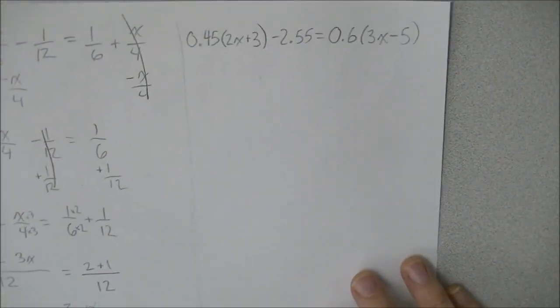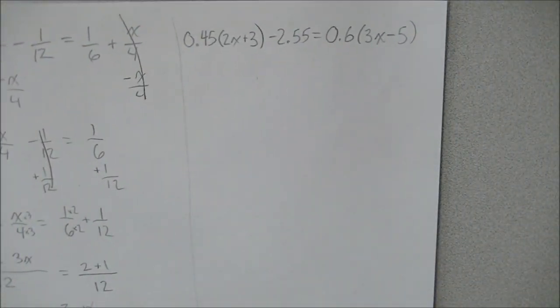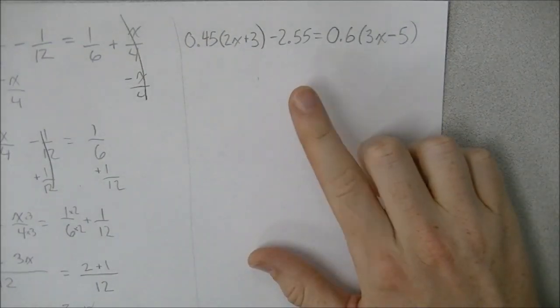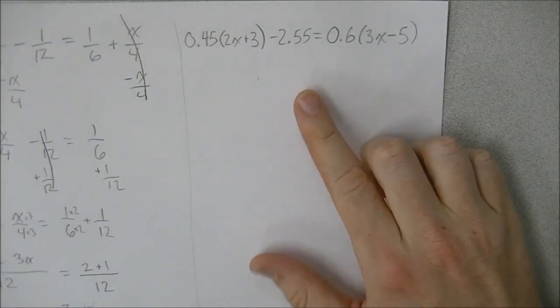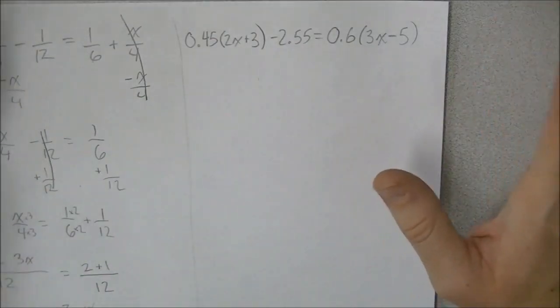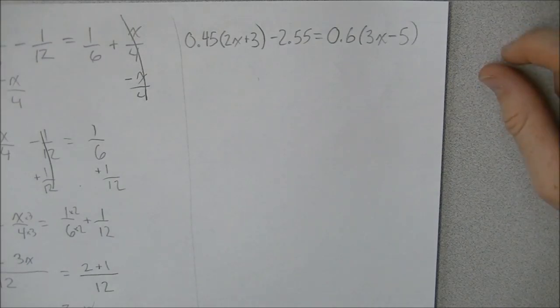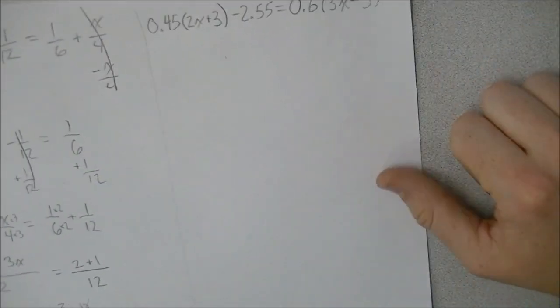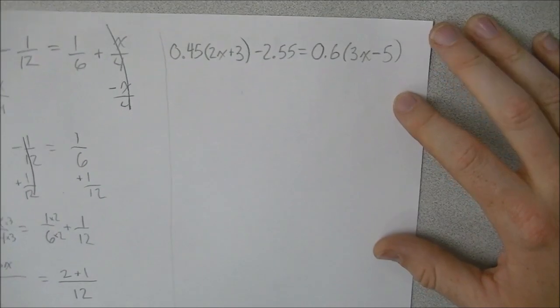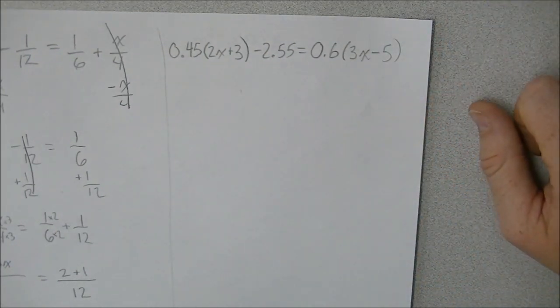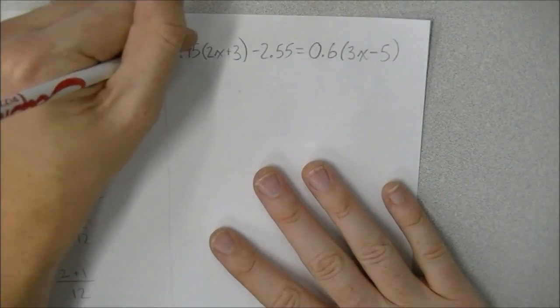Okay, cool. Now let's try an example with decimals. Ooh, decimals, scary. No, decimals are going to be fine here. Like with the fractions, an option would be to multiply everything by 100 to get rid of the decimals, but that just seems extreme. So I'm just going to deal with the decimals, because I don't think that's much of a problem.